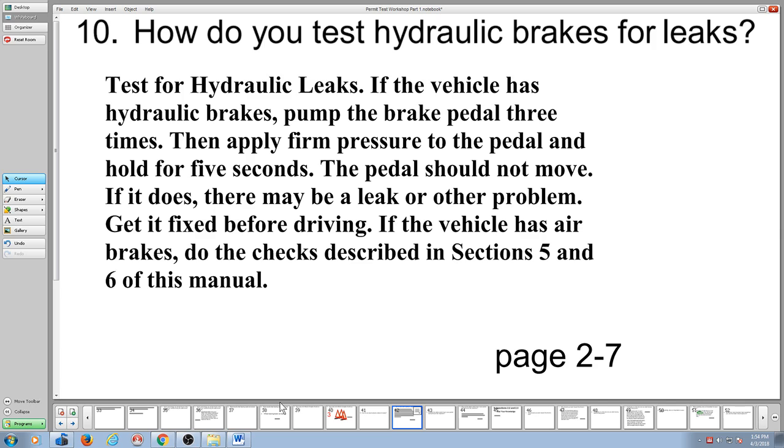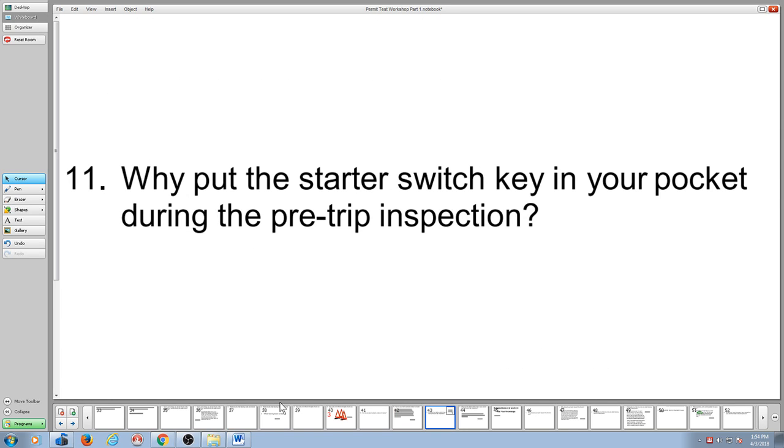Where are we at here? Okay. Why put the starter switch key in your pocket during a pre-trip inspection? Because you have to close the door and chop the wheels. Or so somebody doesn't wrongfully get in the truck and start it if you're around the truck. Let's say you're under the truck, checking the slack adjusters to make sure they're not moving more than an inch.